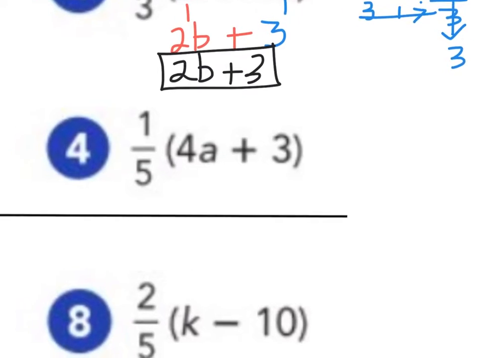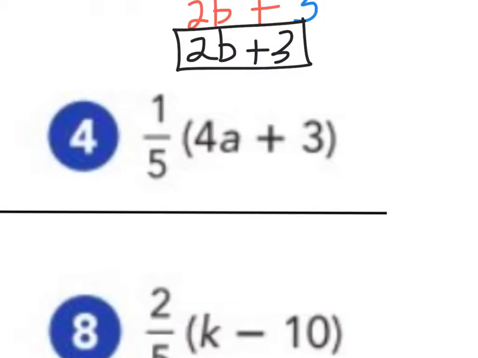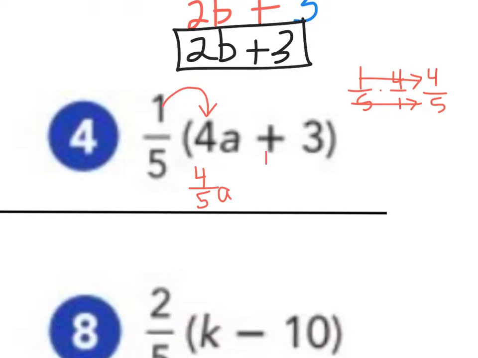Number 4. 1/5 times 4. That's 4 over 1. That's 4 over 5. So this will be 4/5 a plus 1/5 times 3.